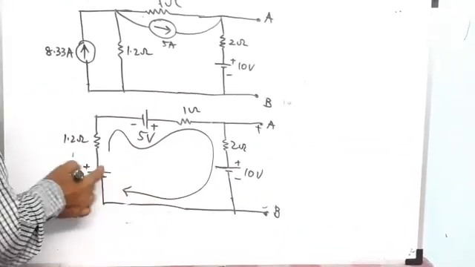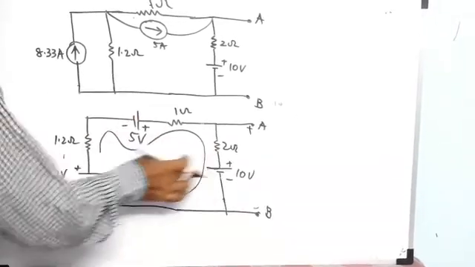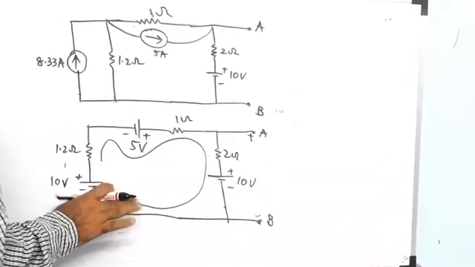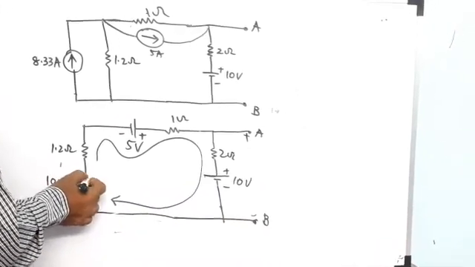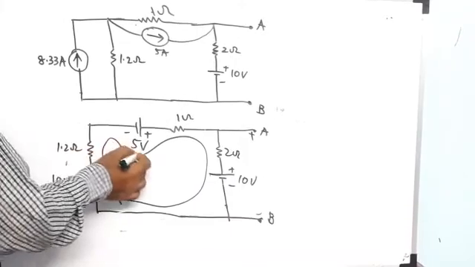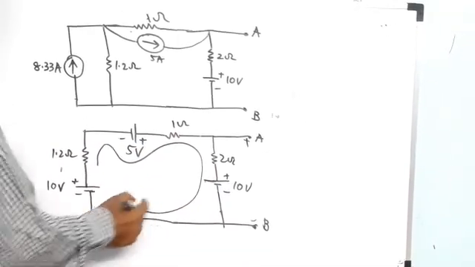One more thing I told you, you can take any one of them. So I am taking this voltage source positive, so current will flow like this and come back. That's all.